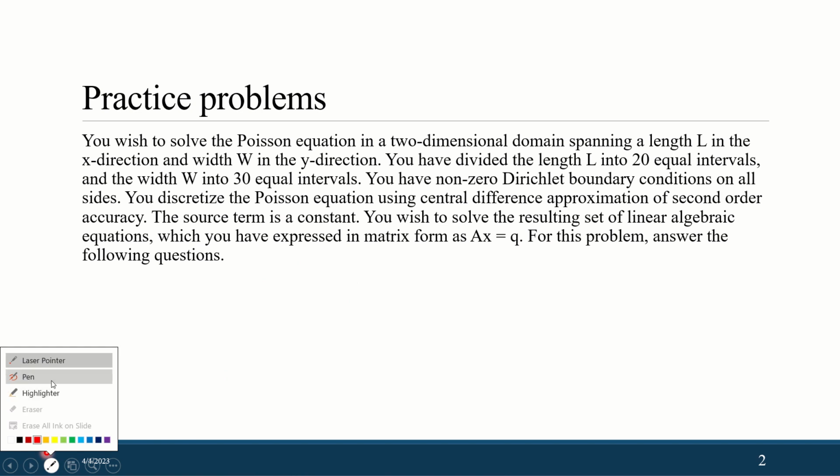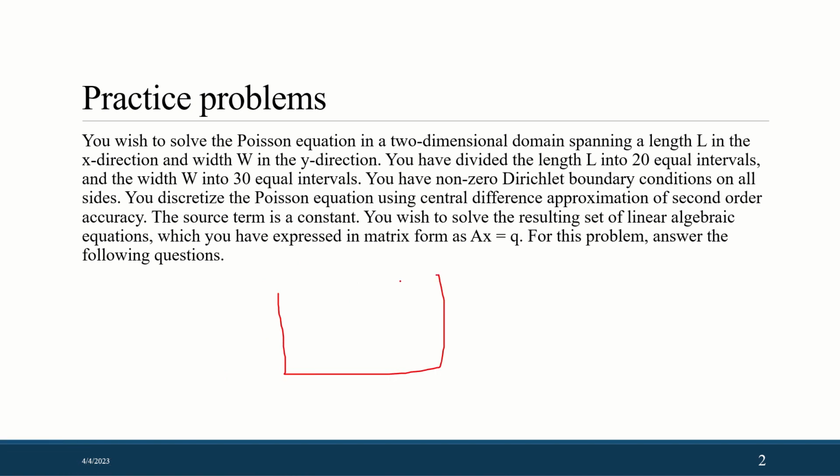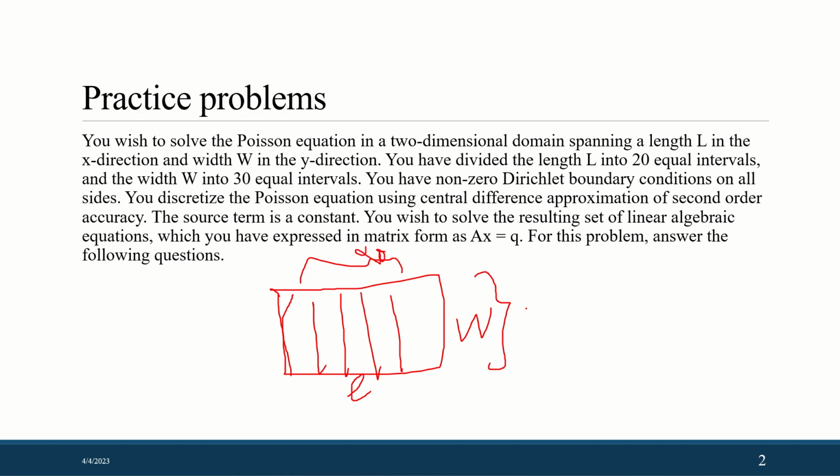So basically we have a two-dimensional domain like this, considering this to be length L and this to be width W. This length L is divided into 20 equal divisions, and this W is divided into 30 divisions, and the boundary conditions are given. These are Dirichlet boundary conditions.